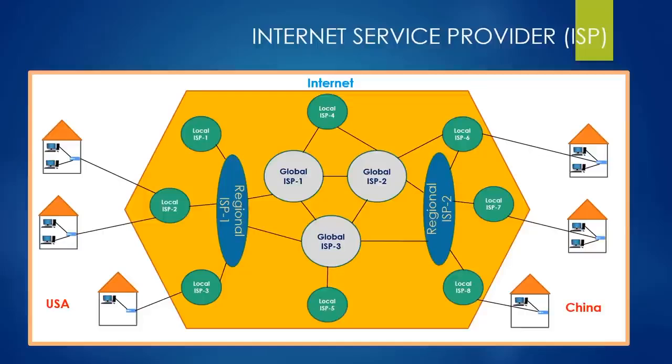Let's say we live in the USA and these two homes are located in the same neighborhood. If this computer wants to communicate with this computer, the connection is provided directly over this local ISP. This is obvious. You can see this on the animation. The packet passes through different routers at the local ISP and reaches its destination.